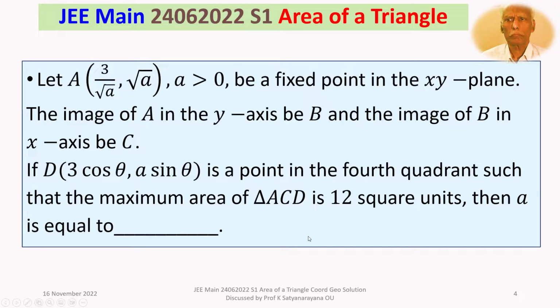We are given a fixed point in the xy plane, capital A with coordinates 3 by under the square root of a, comma, square root of a, where a is greater than 0.